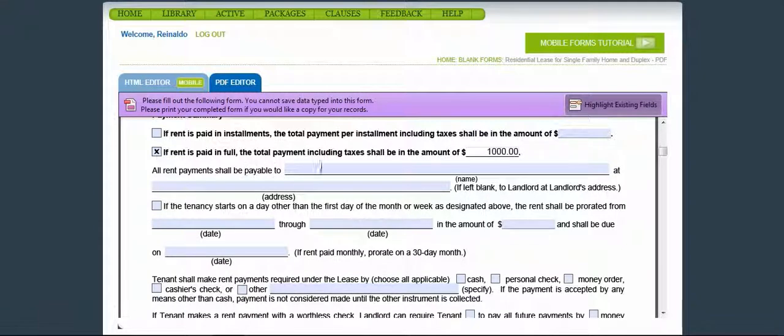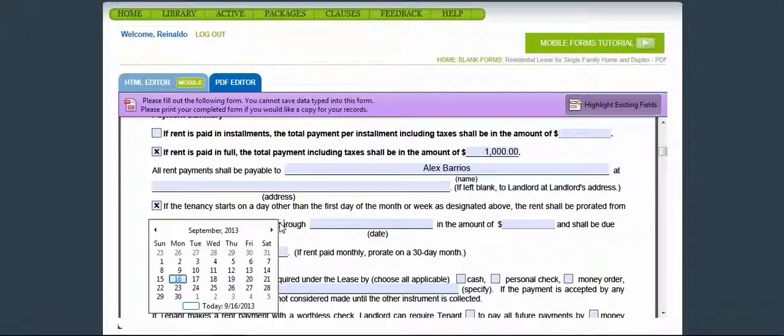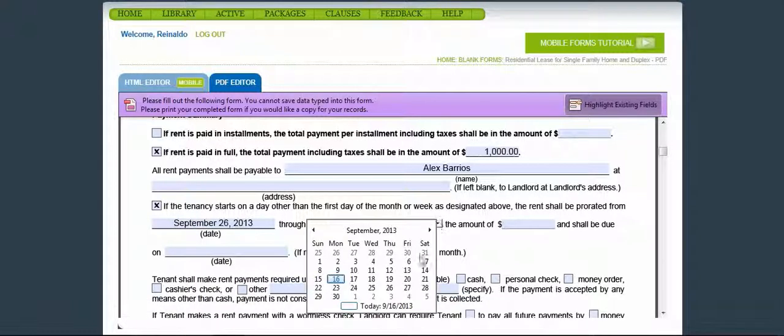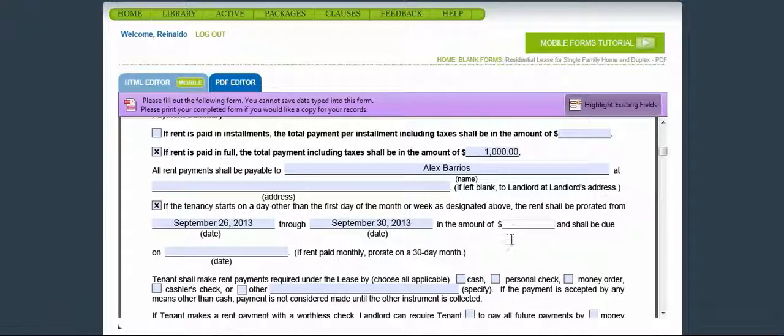All rent shall be payable to, normally it is the owner, and if that's the owner, will be Alex Barrios at the address. If the tenancy starts other than the first day, so let's say that the tenancy instead of October 1st started the 26th, through the 30th, we have 5 days there. 5 days at $33 gives me $155.